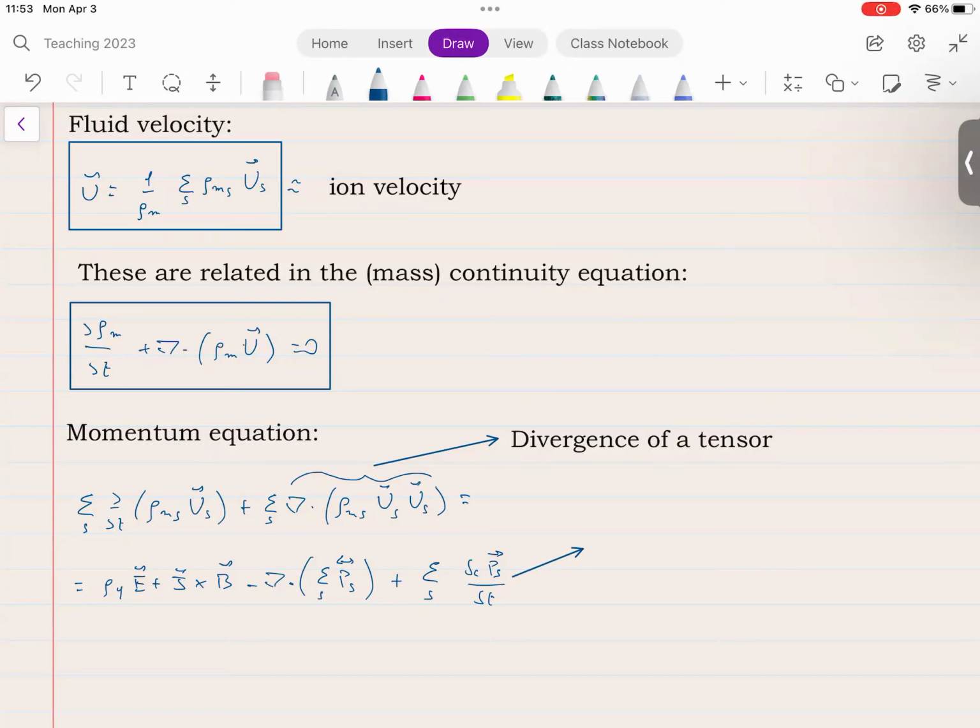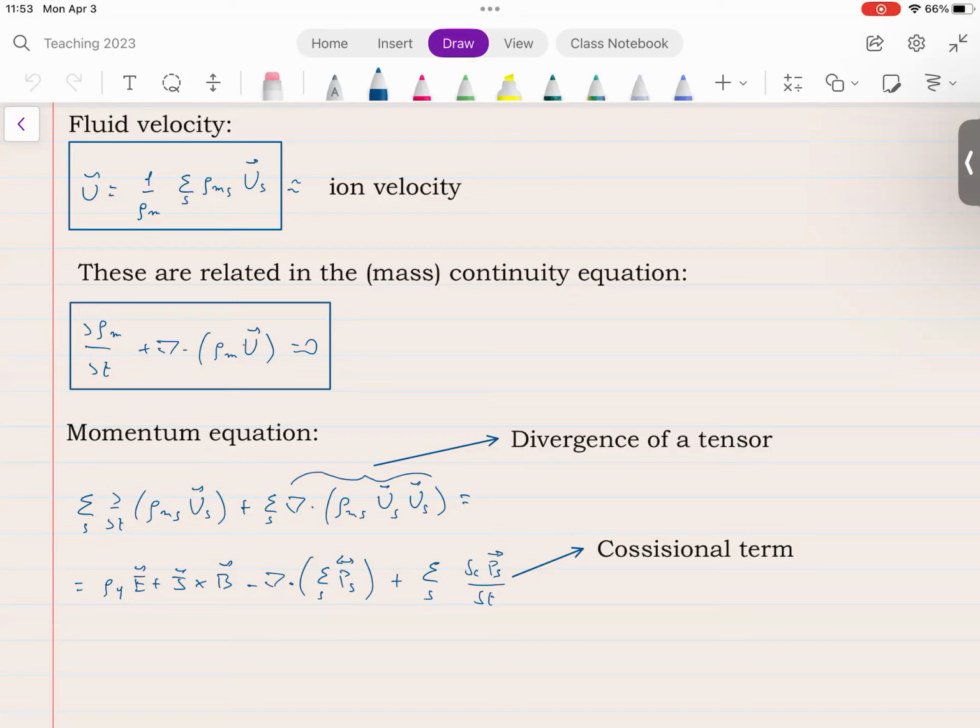I'll just call this the collisional term. The point is that if electrons, let's say, give momentum to the ions through collisions, the ions receive momentum from the electrons. When I do the sum of the two, I get 0, as I should, so that the total momentum is conserved.